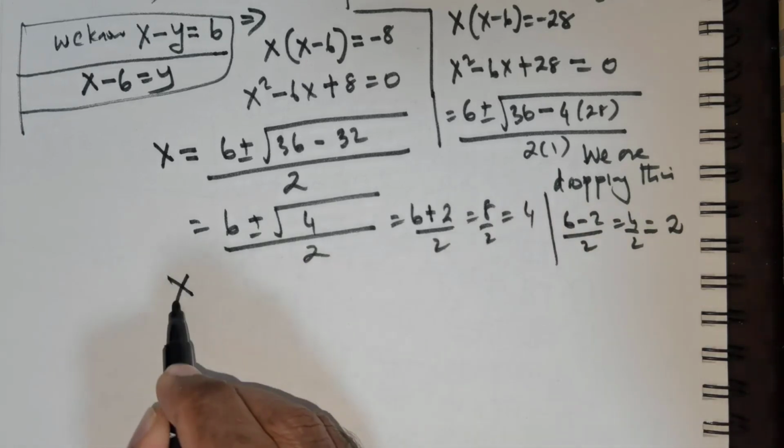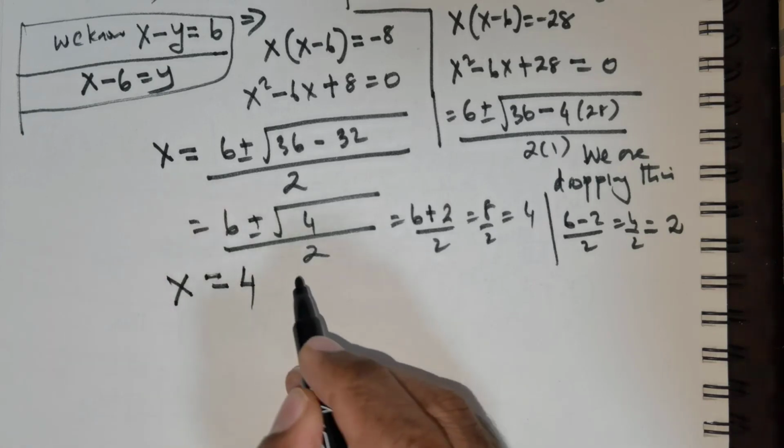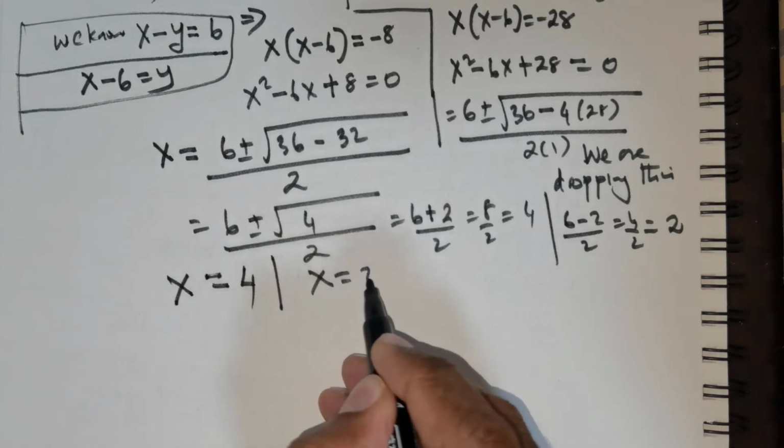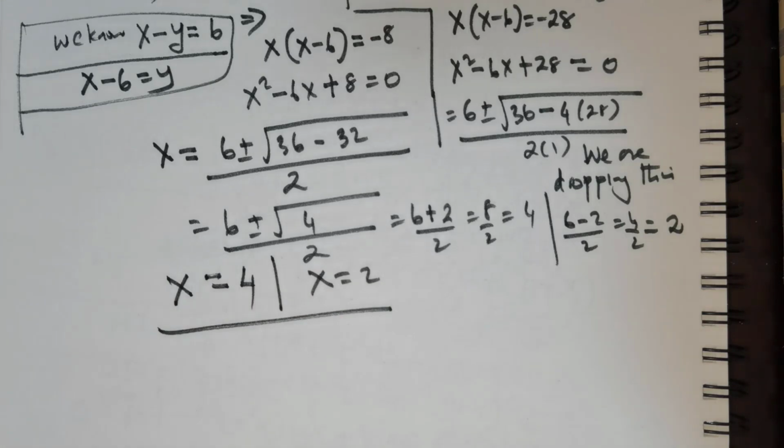So I've got x = 4 and x = 2. So these are the values of x.